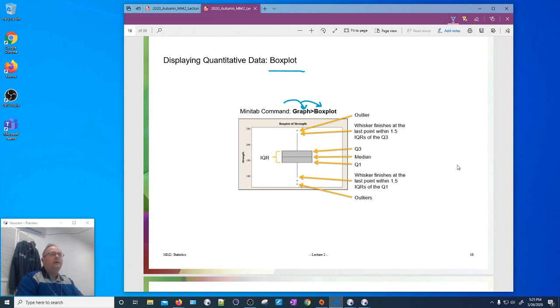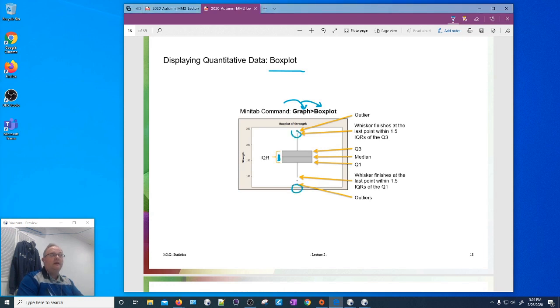Okay, so our interquartile range represents the middle 50% of all of these data points. So in that way, we've got our middle 50% here, and we've got our Q3, our Q1, we've got some outliers.